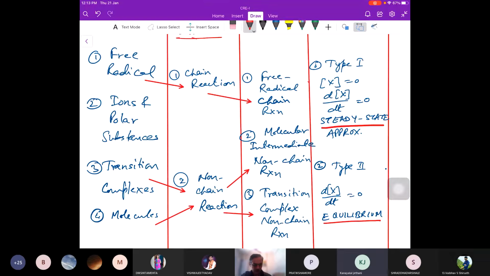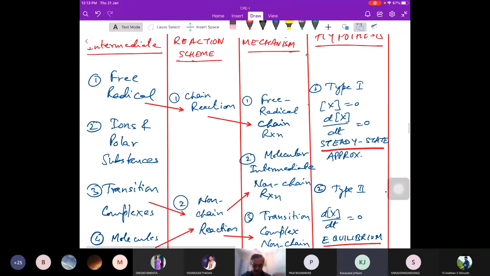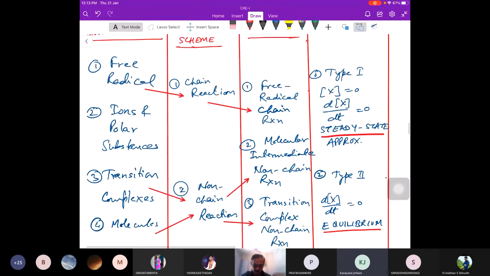So combination of free radical chain reaction gives free radical chain reaction mechanism, transition complex non-chain reaction, and molecular intermediate non-chain reaction. So there are these combinations which will lead to different mechanisms, and then we can assume a hypothesis as type 1 intermediate or type 2 intermediate.